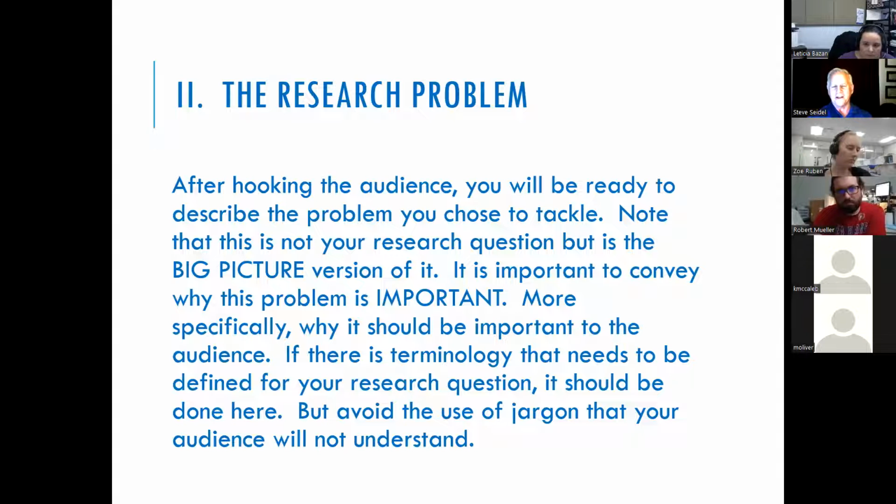Like I said, the problem, if you want to change this around, call it the foundation, right? You want to see that clear link between the hook that you had and the big picture version of all of this, and talk about the problem. And of course, this goes into why you're studying what you're studying, where this thing came from.